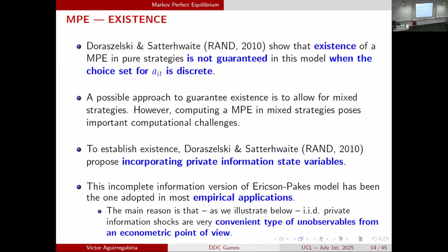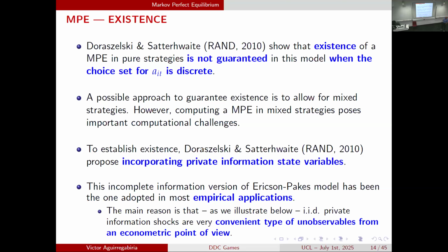Now, so far, the games that I have described are games of complete information. At every period t, every player knows perfectly the state x. Okay, there is no private information at all. Okay?